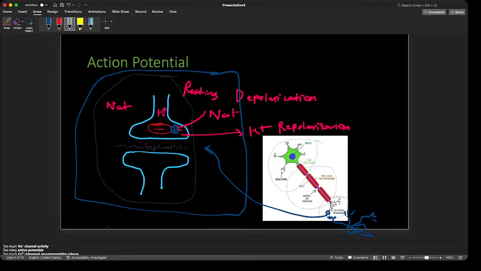Let me kind of draw it out here on the side for you so you guys can see. So here you have these little tiny hairs, or I guess we can draw a little nucleus here.